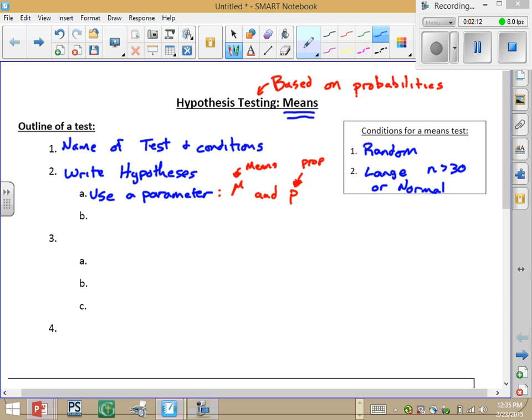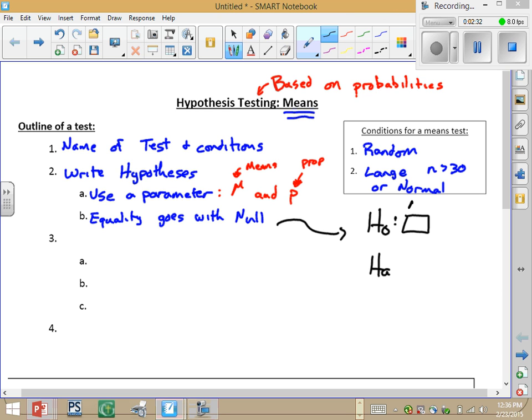The other thing when you're writing the hypotheses, equality goes with your null hypothesis. So what that might look like for us, if we come over here, the null hypothesis, H0, versus an alternative. What you're going to do is either put mu or p into this first box. And then that last box for us right now is going to contain some number.